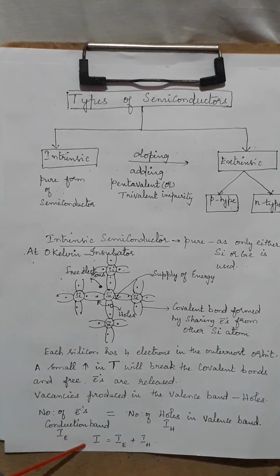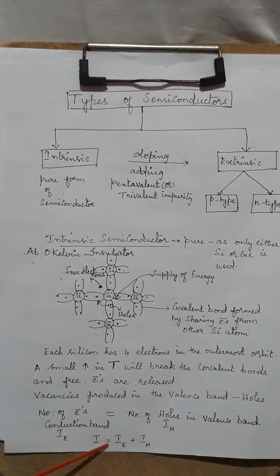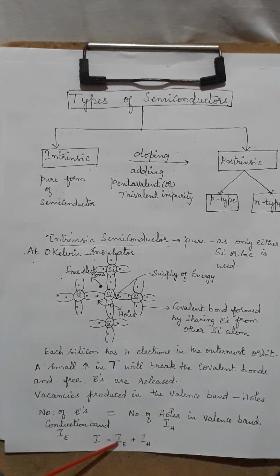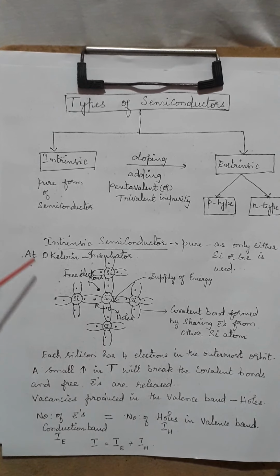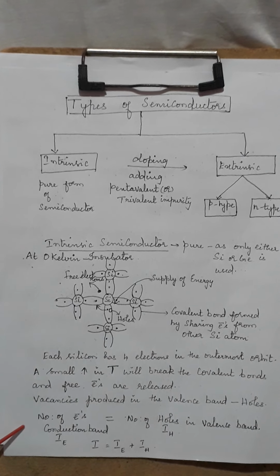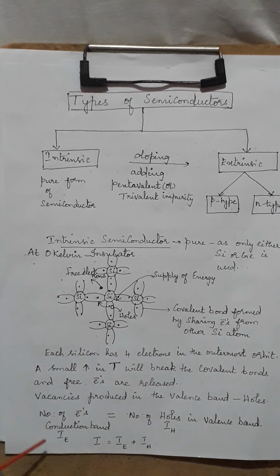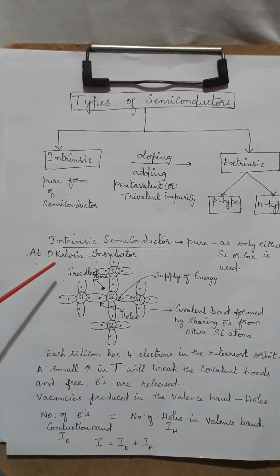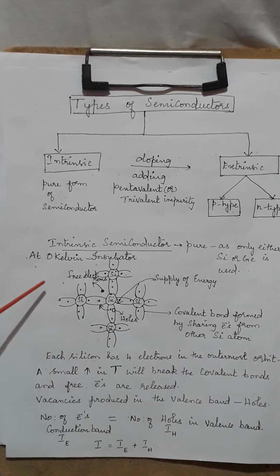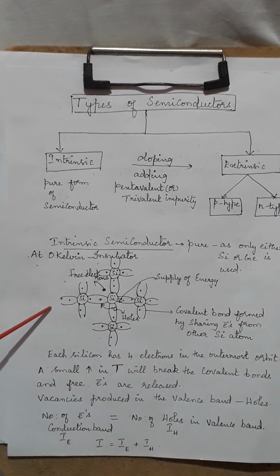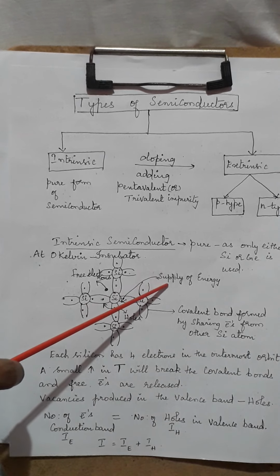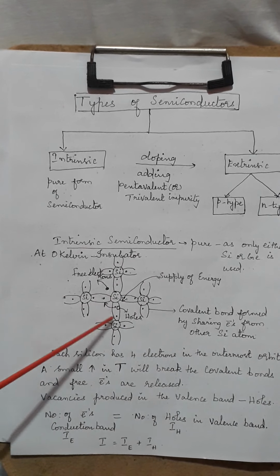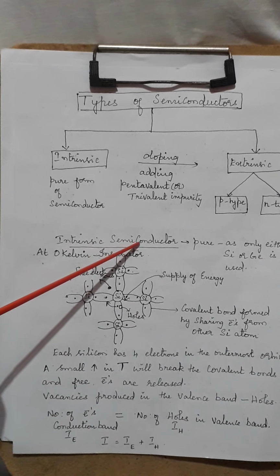So the total current I will be equal to I_E plus I_H, the current due to the flow of electrons and the current due to the holes. So this is all about your intrinsic semiconductor, where it requires 1.1 electron volt and 0.7 electron volt to break this covalent bond. So the energy which is supplied is somewhat higher when we are dealing with an intrinsic semiconductor.